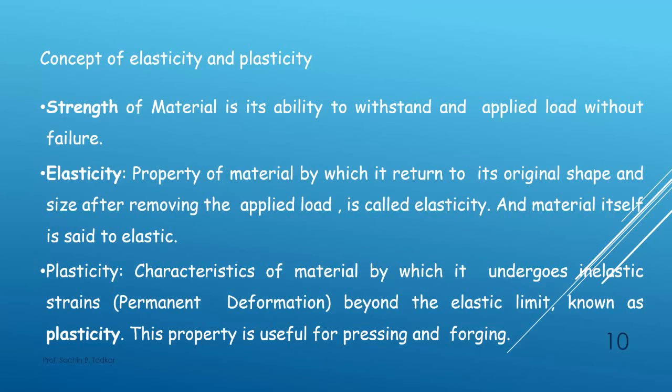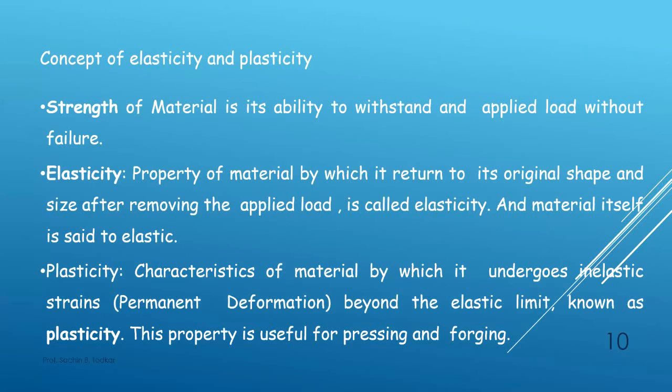But if you see in detail, rubber has a specific property: after some loading, maybe 10 or 12 kilonewtons, it may break, but steel will not break up to 1000 kilonewtons also, and it regains its shape again, so it is called more elastic than rubber.